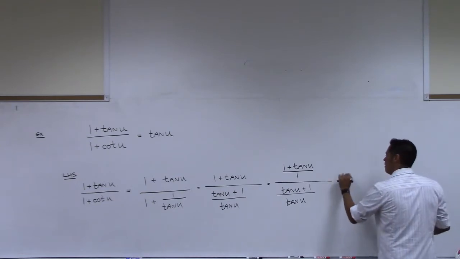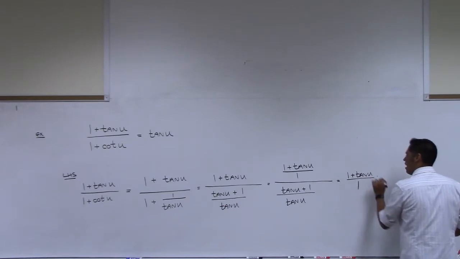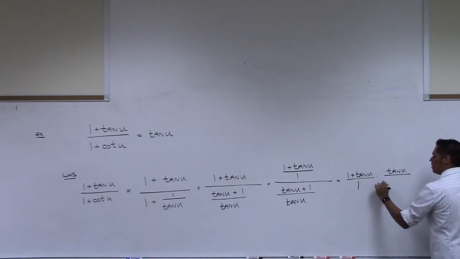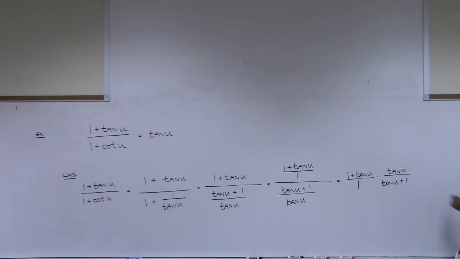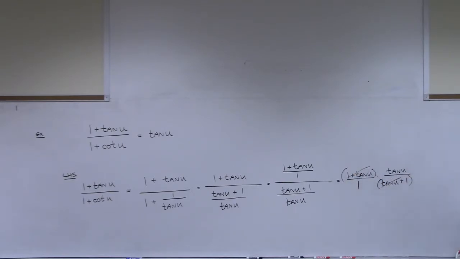And then that would become 1 plus tan u over 1 times what? Tan u over tan u plus 1. And then what? They cancel. This factor cancels, and you're left with tangent, which is the right-hand side.